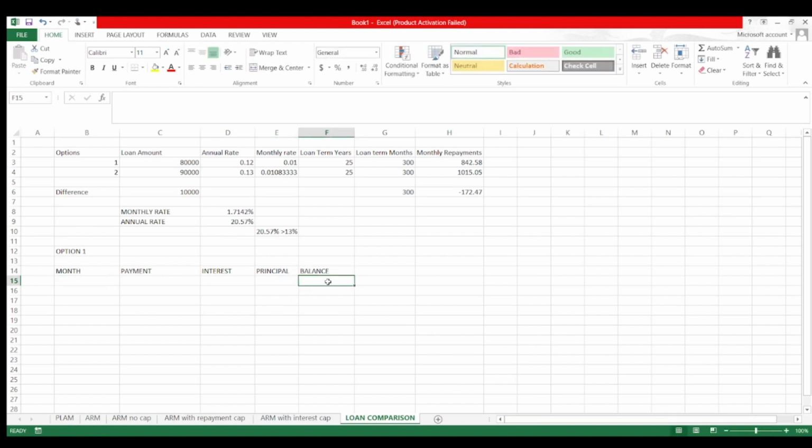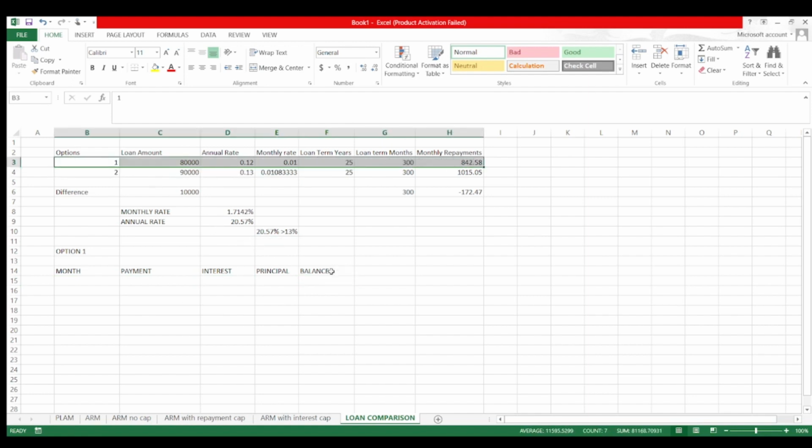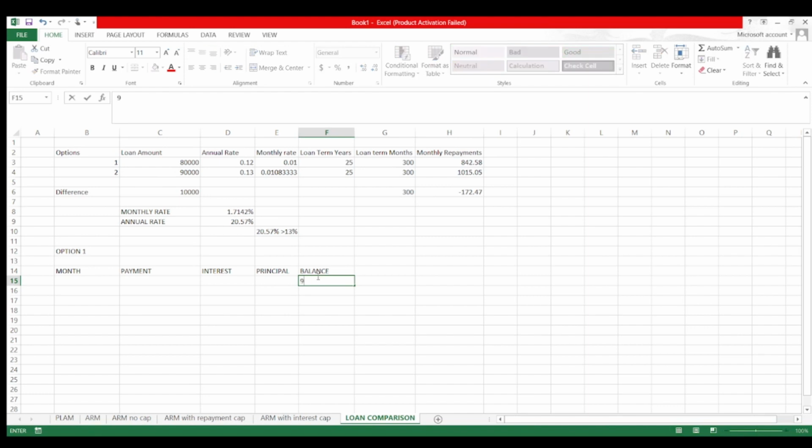So for the first option, the loan is 80,000, to begin with. And since we are looking at the balances at the end of 5 years, that's 60 months.